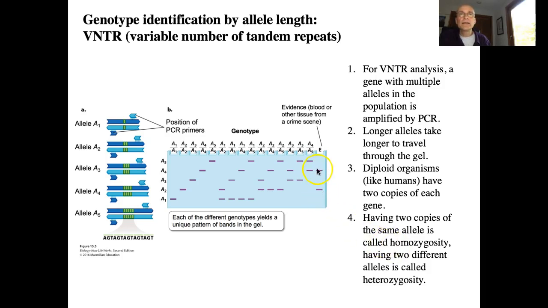So this is a heterozygote. This is a heterozygote. This is a heterozygote. And these are all samples from homozygotes, right? Because they have exactly the same allele on both chromosomes. Okay, so that is one way how you can use biotechnology to analyze variants between organisms.